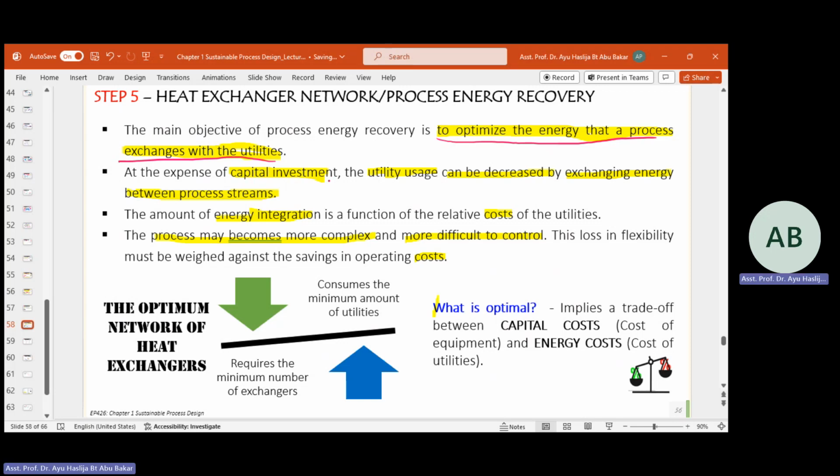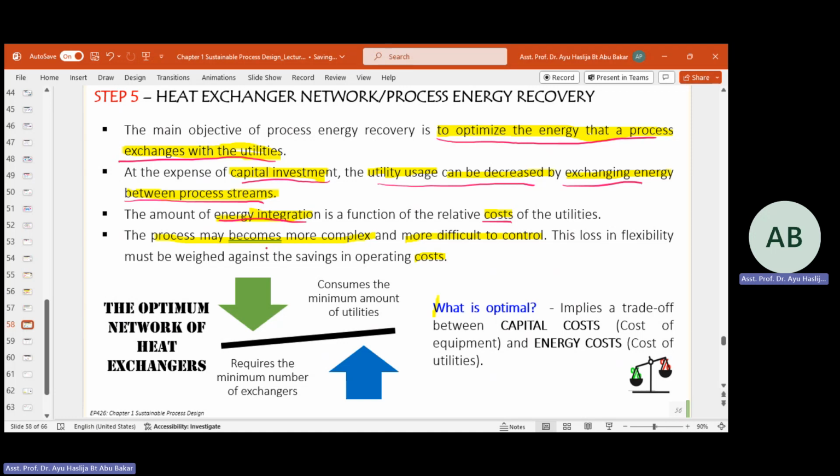At the expense of capital investment, the utility usage can be decreased by exchanging energy between process streams. The amount of energy integration is a function of the relative cost of the utility.